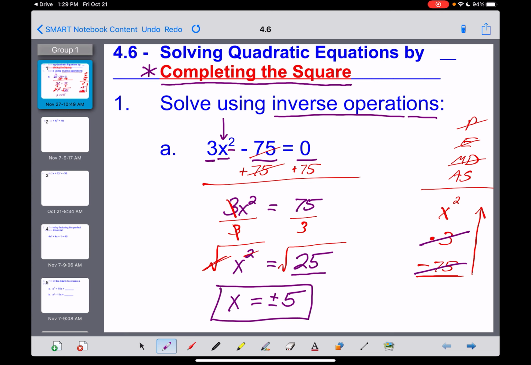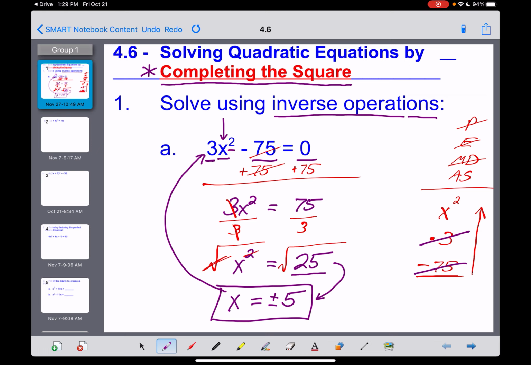So x is equal to plus or minus 5 means that there's actually 2 solutions right here, and either one of them will work and give you a true statement when you plug it back into the original equation. So that's a little mental hurdle we're going to have to get over here, guys. The square root of 25 isn't just 5, it's actually plus or minus 5.